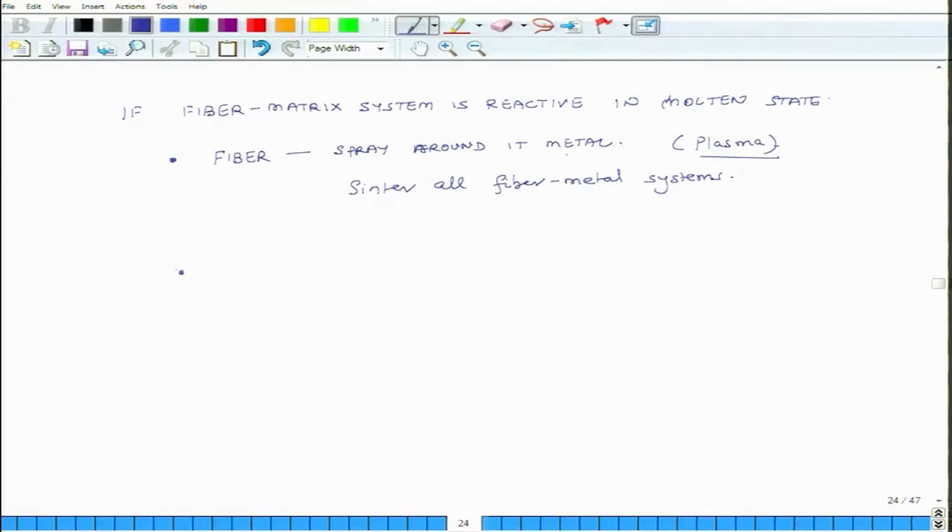What else can we do? We can coat the fibers for protection. For example, a lot of times nickel is used to coat graphite fibers, and then you immerse it in aluminum matrix.